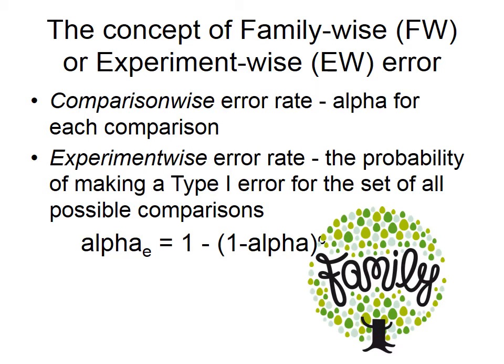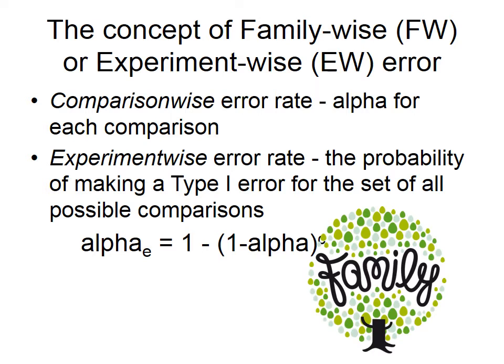Now, the underlying concept we need to understand before we consider post hocs is family-wise, or sometimes it's called experiment-wise, error. Each comparison we make, say group 1 versus group 2, has a comparison-wise error rate. That's the alpha for each comparison.